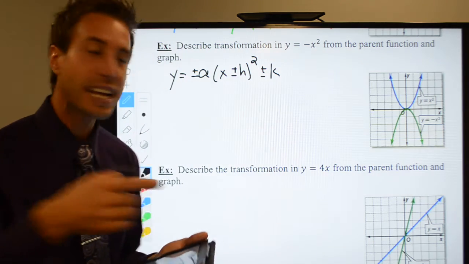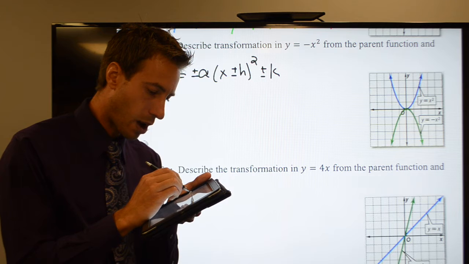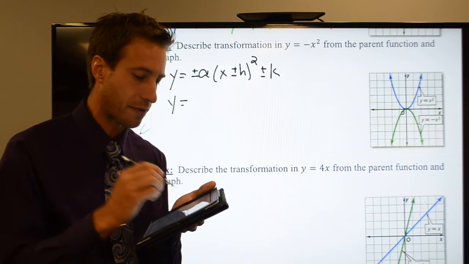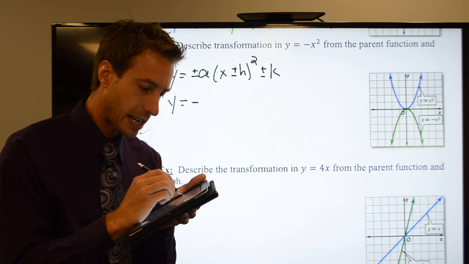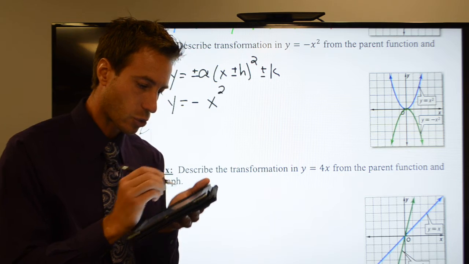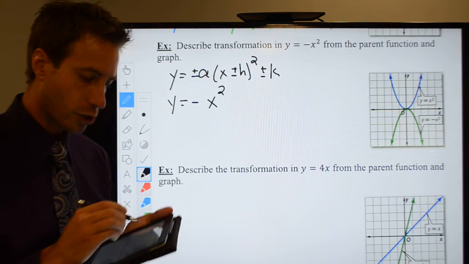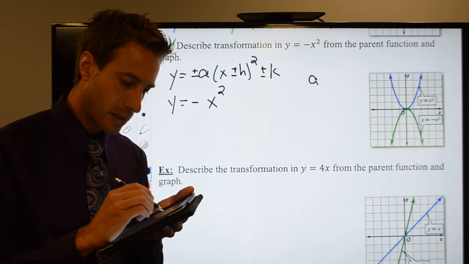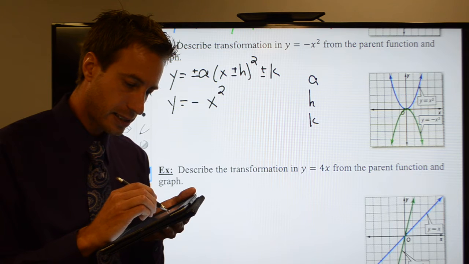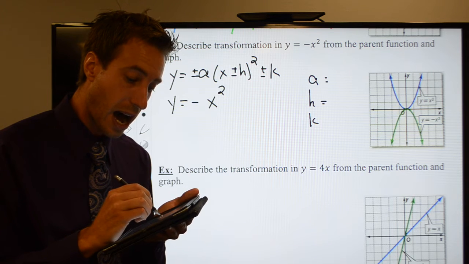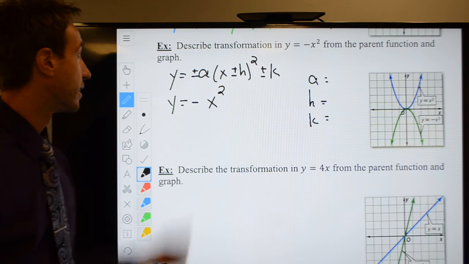Let's take the graph I've been given. The function I've been given is y equals negative x squared. Let's look at our transformations, a, h, and k, and see what I have in this function.